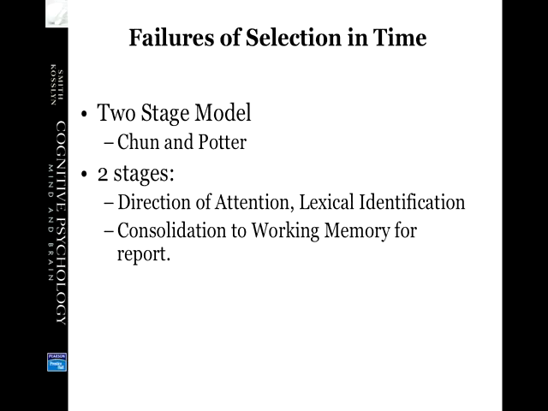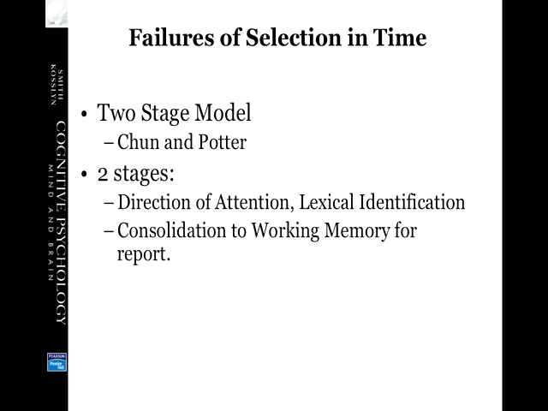Okay, so the first one is the Two-Stage Model by Chun and Potter. And the idea is that you have 2 stages, clearly. That there's a direction of attention. Okay, I'm going to focus here. I'm looking for these particular words or this particular color. And that first stage is where lexical identification occurs. What is that? That's where I'm determining that that is the thing I'm looking for.